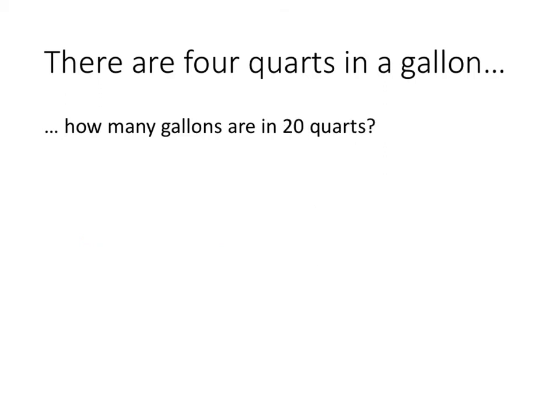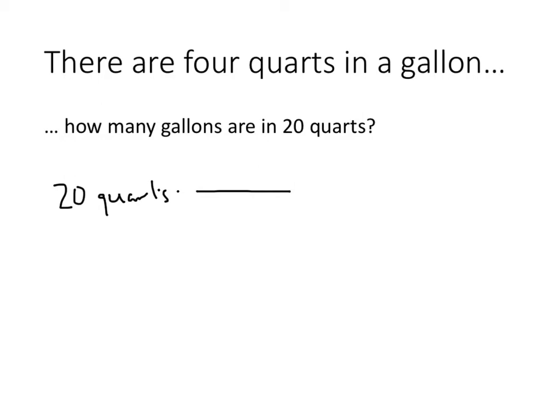So now we want to know how many gallons are in 20 quarts. So again, pause the video, try to do that on your own, and then come back and check to see if you're right. Okay, we have 20 quarts. And again, we have a choice of which conversion factor we want to use. 1 gallon divided by 4 quarts, or 4 quarts divided by 1 gallon.